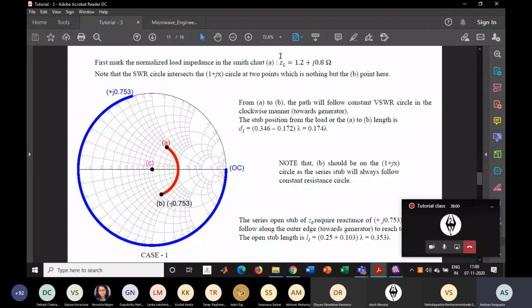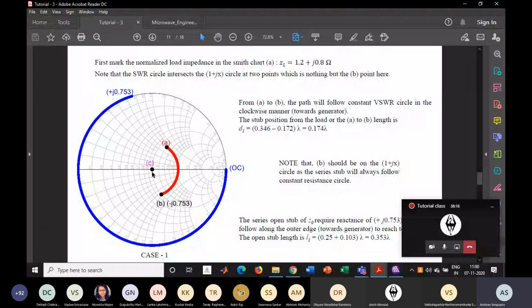Okay, so the normalized impedance of the load network is marked here. The second step is to draw a constant VSWR circle by taking the Smith chart center as the center.